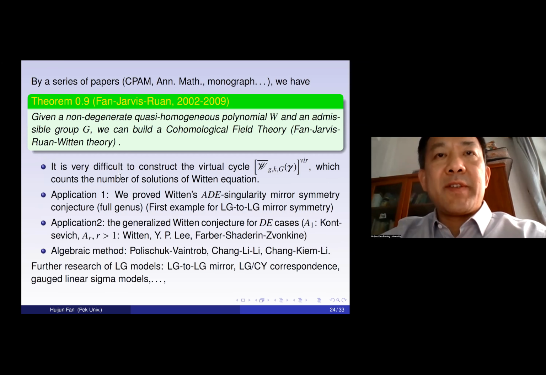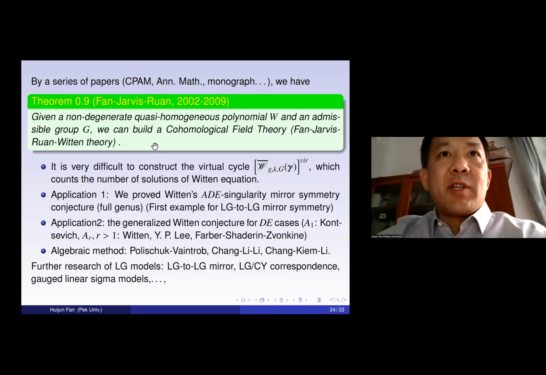This turns out to be a very difficult task, but by a series of papers, we have, in some sense, successfully solved this equation and proved this theorem. This work was done from 2002 to 2009.